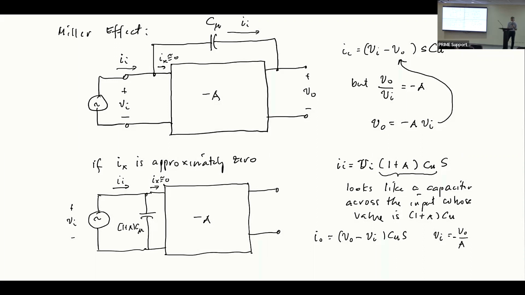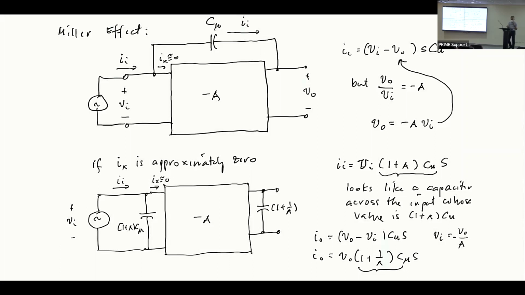So what does this become now? V sub O times 1 plus 1 over A, times C sub mu S. So the effect is this: it is as if you have a capacitor here whose value is 1 plus 1 over A times C sub mu.